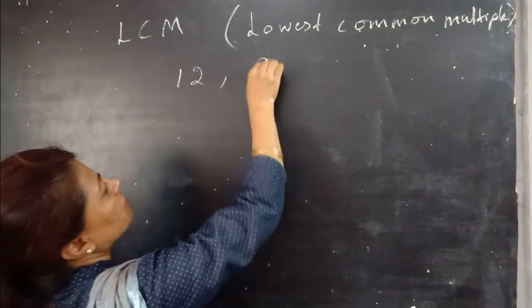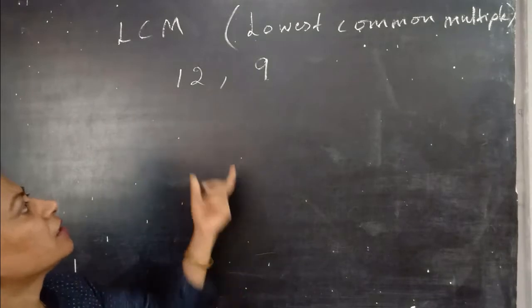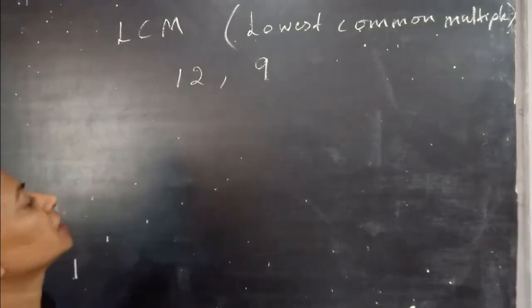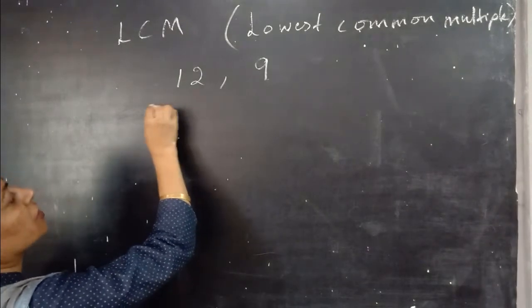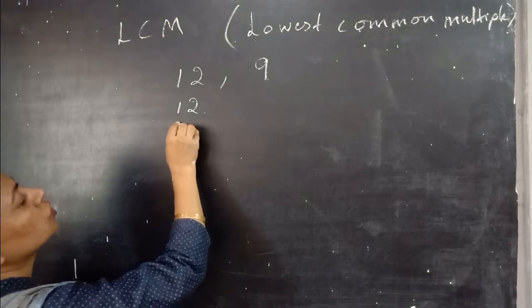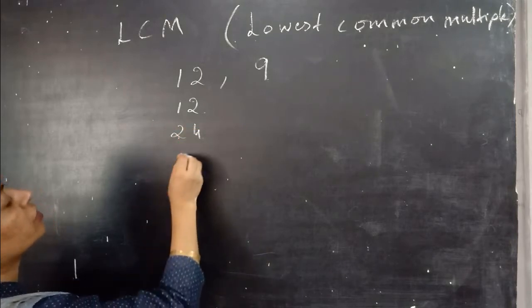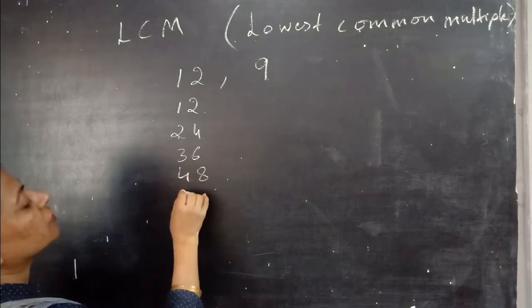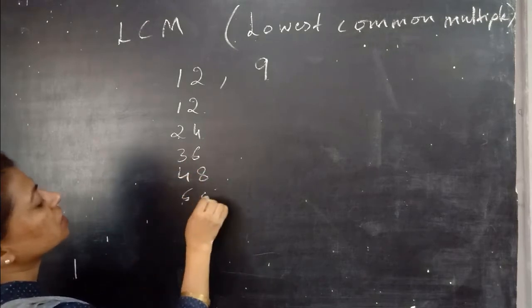Let us take the numbers 12 and 9. Now we are going to write the tables of 12 and 9. 12 into 1 is 12, 12 into 2 is 24, 12 into 3 is 36, then 48, and 12 into 5 is 60.